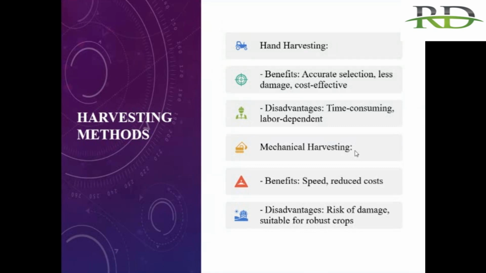But for that particular crop which can be harvested on a single day, mechanical harvesting is very beneficial, time reducing, and the produce can be distributed to the marketplace in a very quick time.